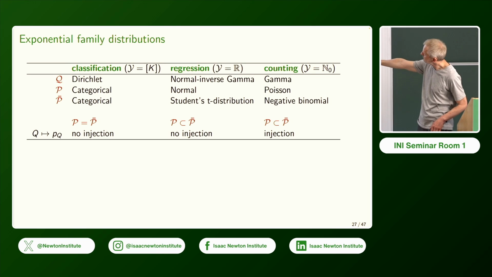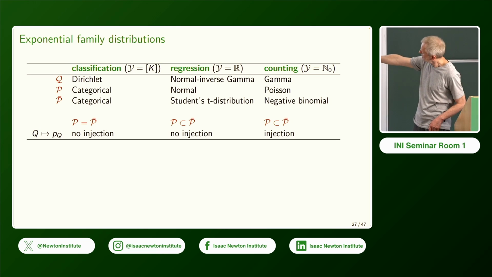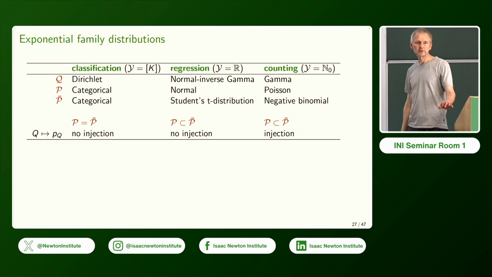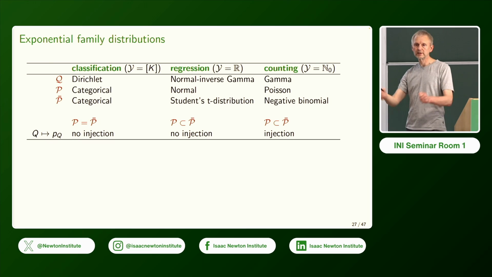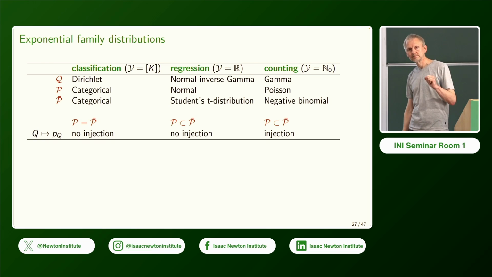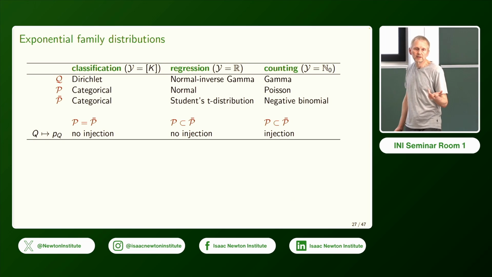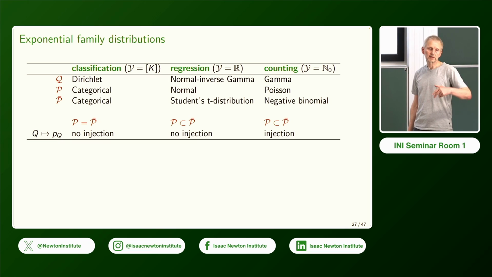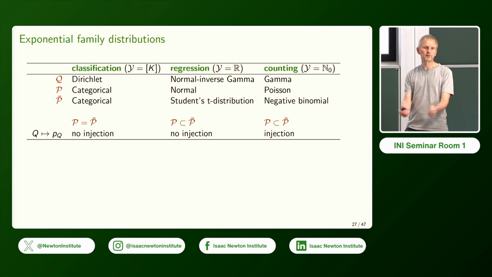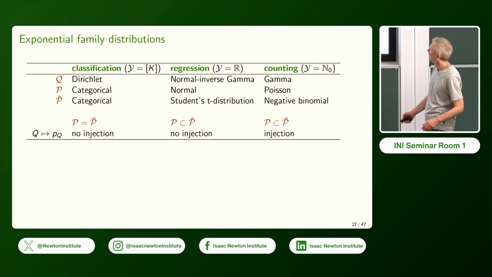But what is more important here is that this mapping from the second order distribution Q to the associated first order distribution P_Q via this expectation is not injective. And why is this maybe a problem? It's a problem because it means you cannot identify the second order prediction, because you minimize on the first order level and you can't identify anymore. So what you end up with is more or less arbitrary again.